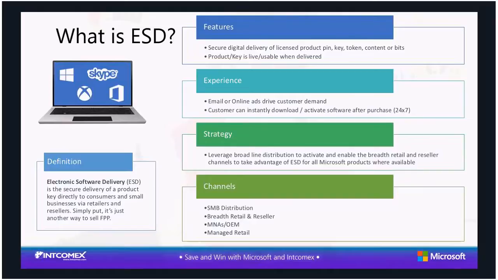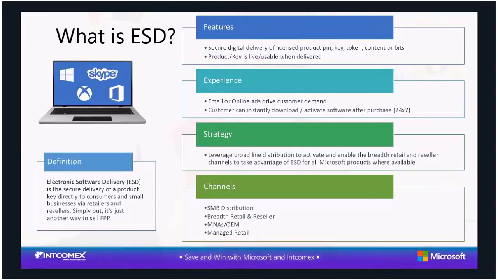ESD is electronic software delivery, and it's the way that we can send an electronic key through email to our customers and small businesses via you guys, either retailer or resellers. So it's basically another way to sell FPP without the physical box, okay?